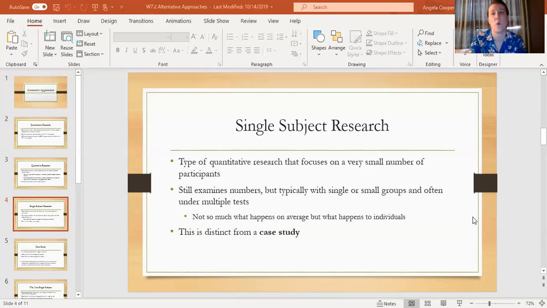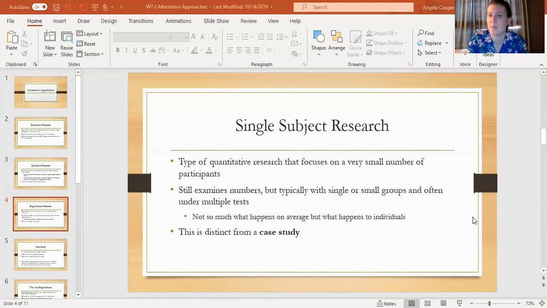So it's not just one and done, because that would be really poor research methods if we had a small sample size and we only tested once. That only gives us a small subset of data, just that one exam those 4 people took one time. But with single subject research, we look at them over longer periods of time.